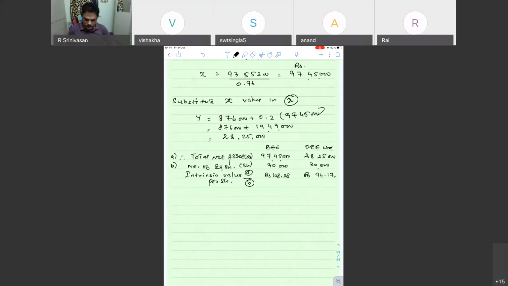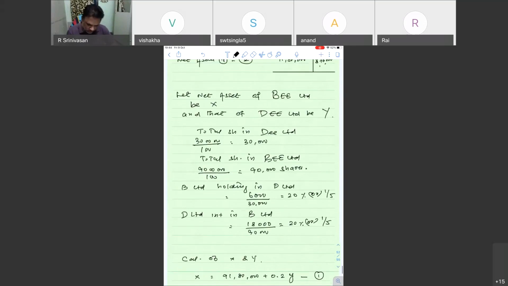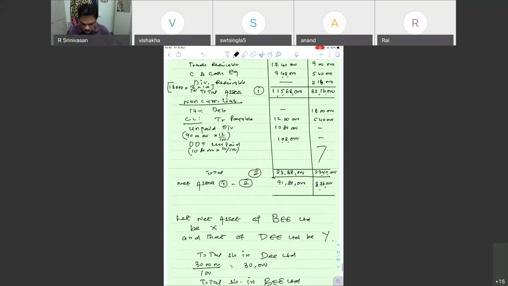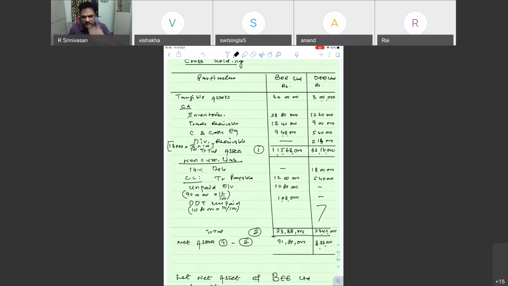Any doubt on this? So what we have done here, we have first found out what is the net asset without including investments, because both are holding investments in both the companies.